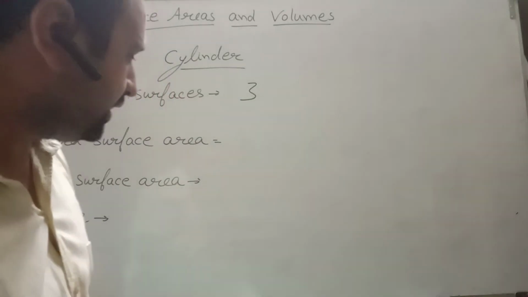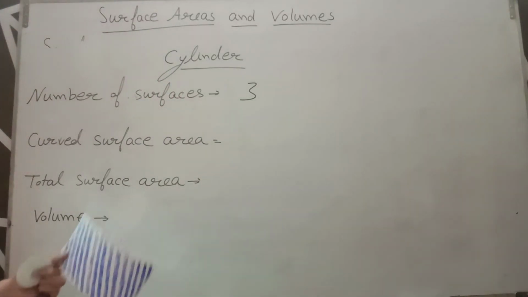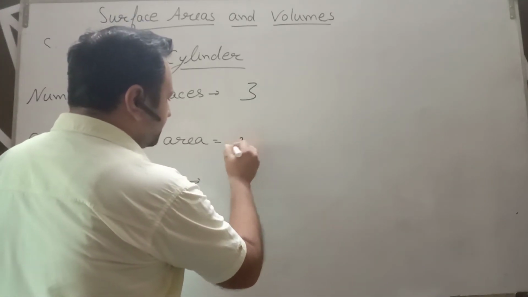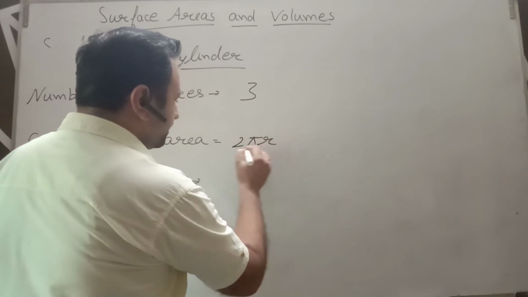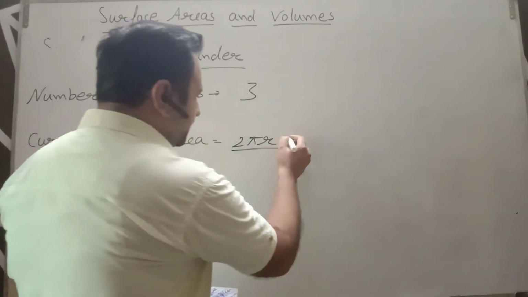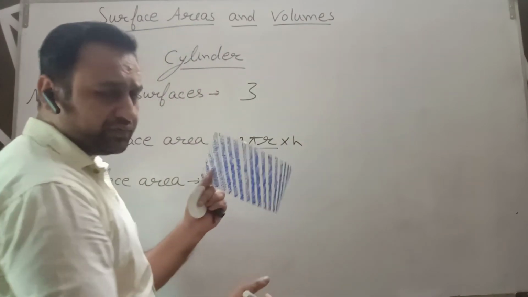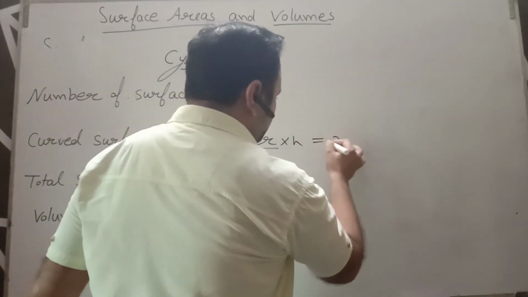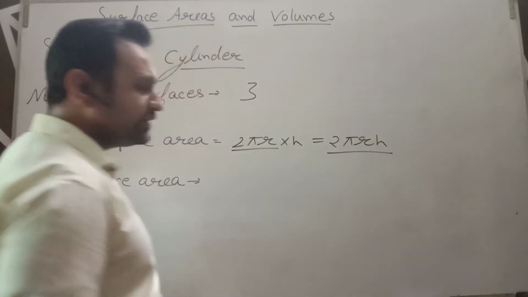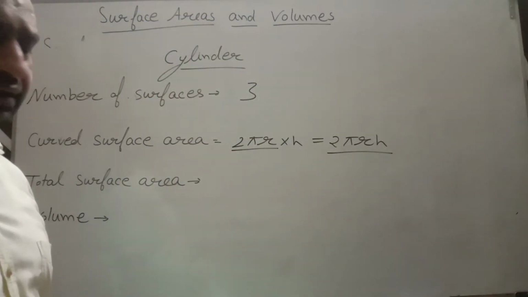So we can say that the curved surface area, whose shape is rectangular, is 2 pi r as the length of the rectangle multiplied by h as the breadth of the rectangle. So 2 pi r h is the curved surface area of a cylinder.